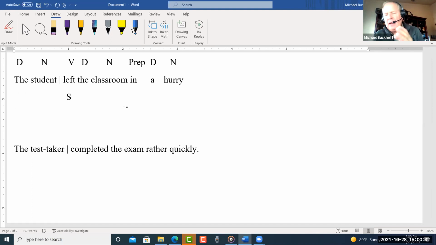Now, the main thing, Ashley, every sentence I'm going to ask you to diagram on the test will only be a simple sentence. By definition, it means there will only be one subject and one verb there. So I'm not using any of the fanboys. That means no and, no or, no but, no for, no yet, no coordinating conjunctions.